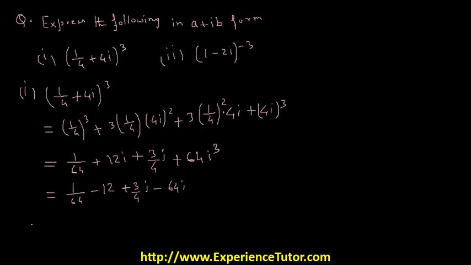So on solving it we can get 767 upon 64 plus minus 253 upon 4 i.